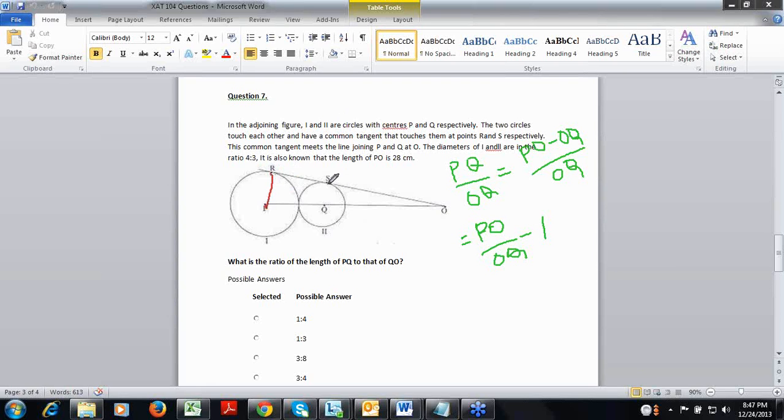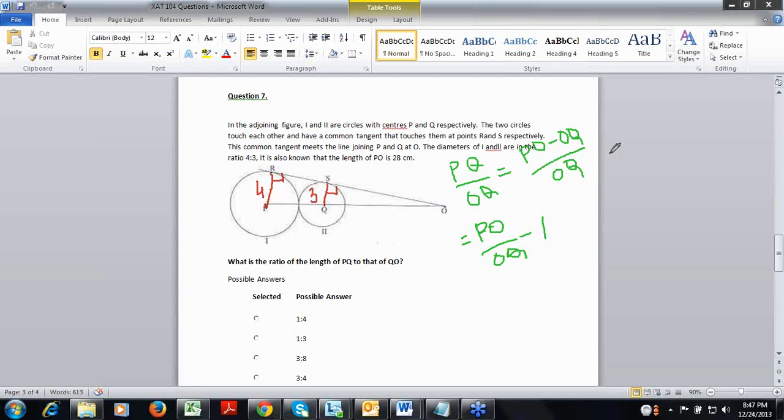Now this and this will be what? 90 degree. This will be 90 degree. Now they have given the diameter of 1 and 2 are in the ratio of 4:3. So this is 4 and this is 3.